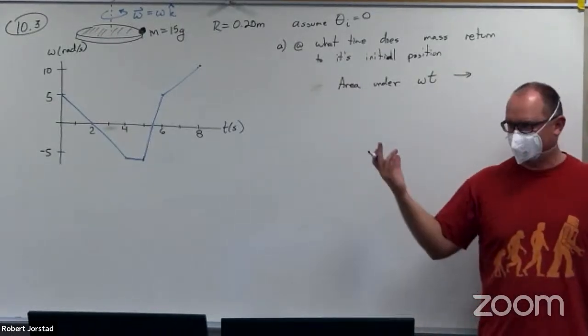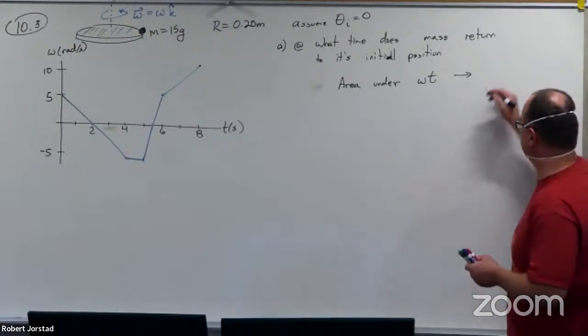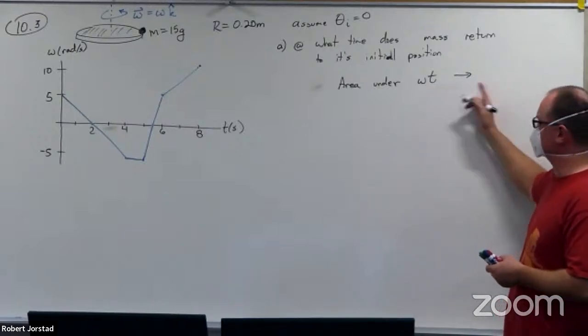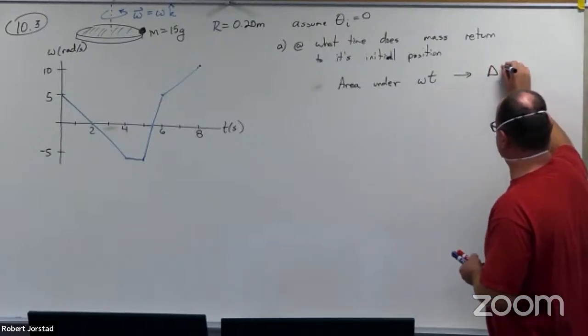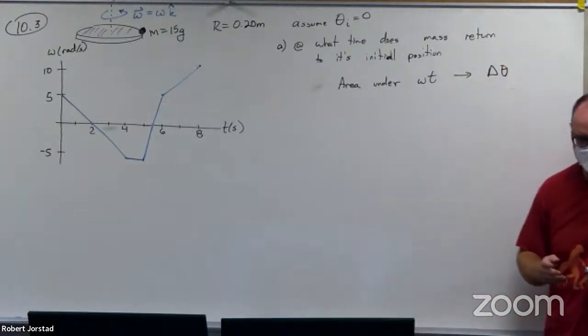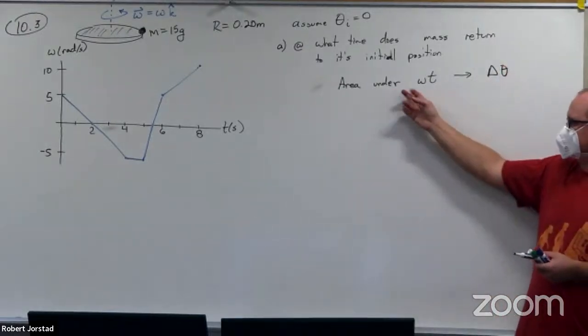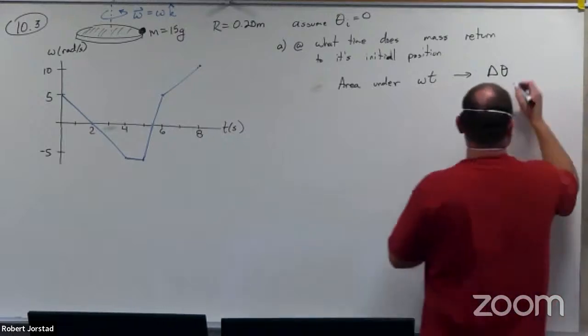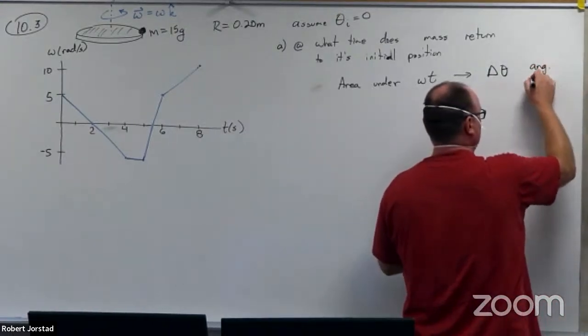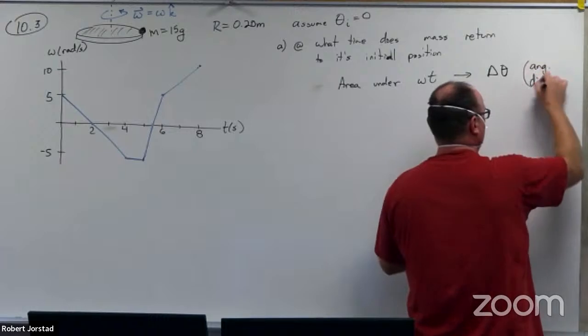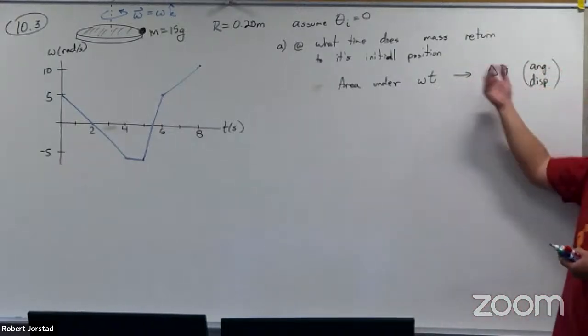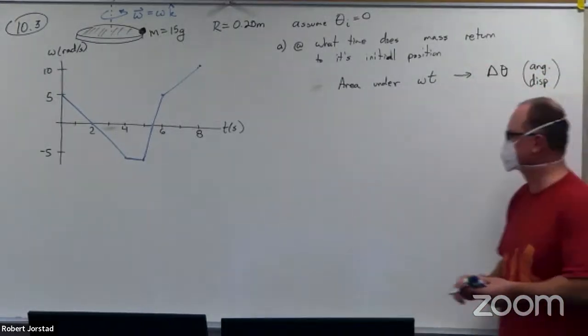Angular displacement. Don't overthink it. v-t goes to delta x, omega-t goes to delta theta. Did that make any sense? The area under omega-t is angular displacement. So what this is saying is, when is angular displacement 0?